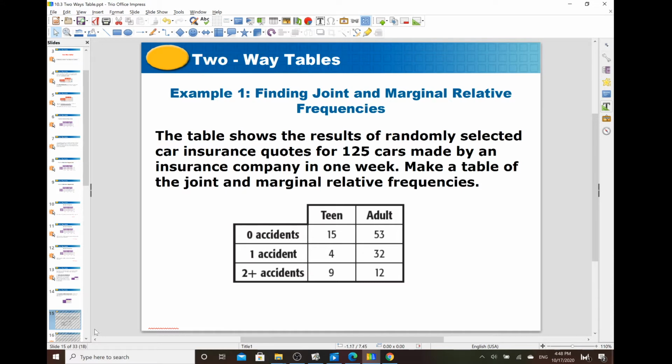Now, find the joint and marginal relative frequencies. Again, whatever data you have so far in these two columns, to find the marginal relative frequency we need to convert that to decimal first.